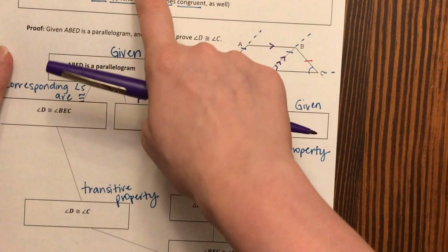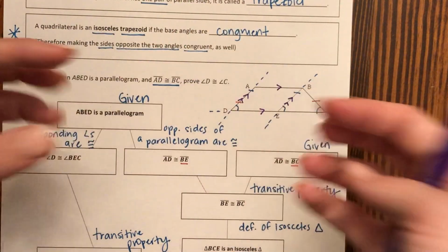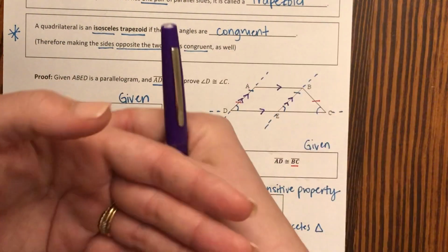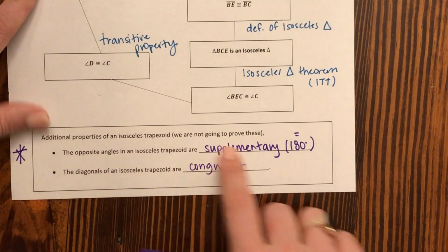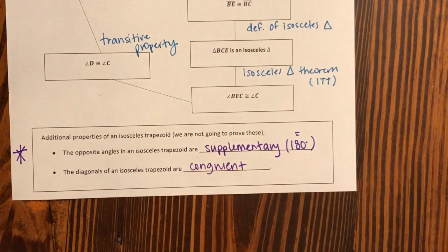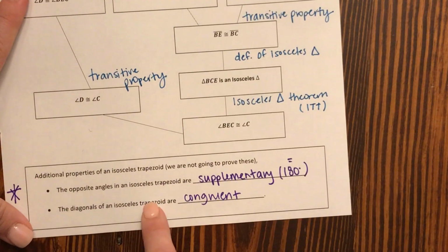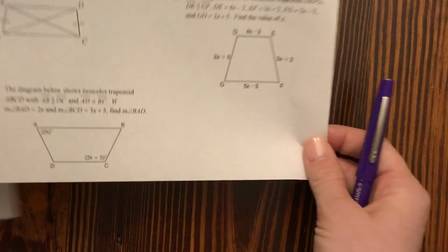So just today with isosceles trapezoids, you've got one pair of parallel sides, you've got 2 sides that are congruent, base angles are congruent, opposite angles are supplementary, and diagonals are congruent. So all 4 of those things, 1, 2, 3, 4, you need to use when you're doing your practice on the back.